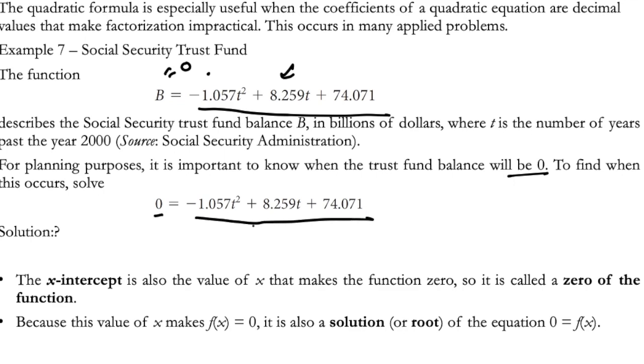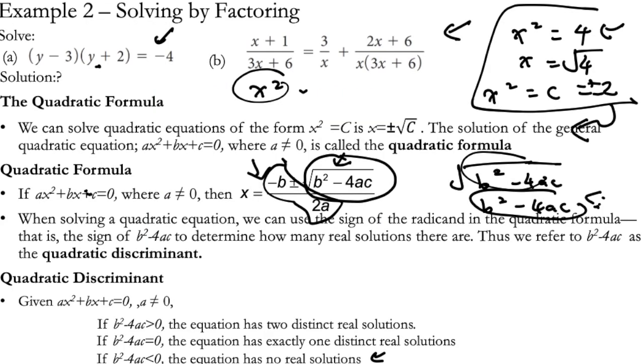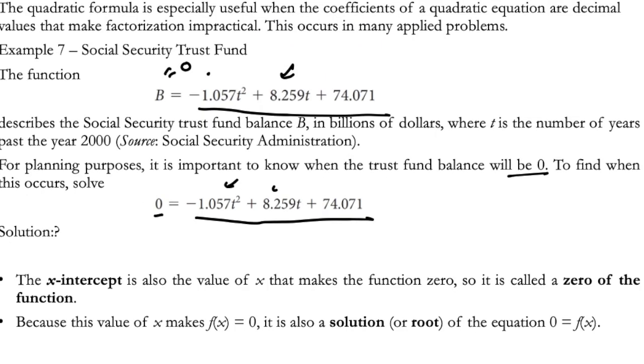You can factorize it, but because this is a very difficult way to factorize using trial and error, we may need to use this formula to find t. So x in this question is actually t. Here to find t, we need to recognize what is a, what is b, and what is c.